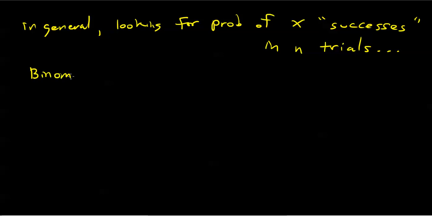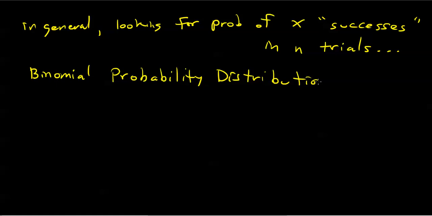Let's talk about, in general, binomial probability distributions. It's a certain type of probability distribution, and the bi in binomial is really referring to the 2 outcomes possible per trial, typically a success or a failure.